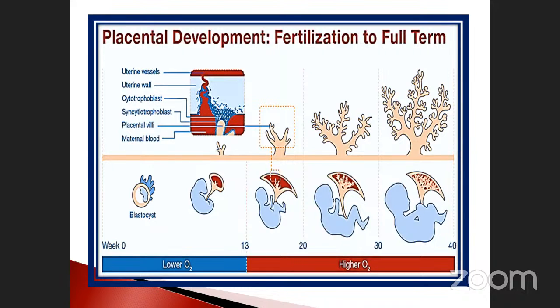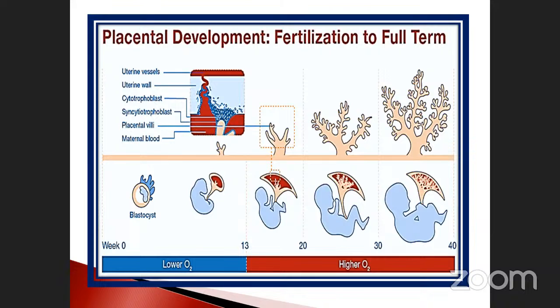Here, see the lower O2 level at week 0 during pregnancy. The oxygen level is very low in nature. When it increases over days or months, whatever it may be, the high oxygen is also essential, because here how many organisms are there?